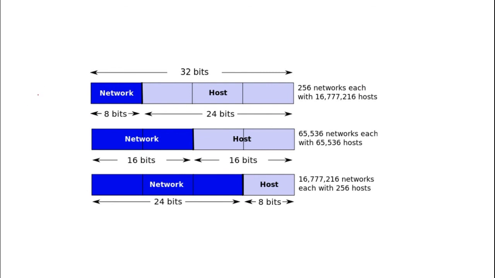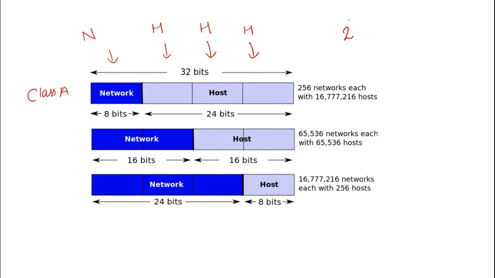So in the class A IP address, because we have 4 octets, the first octet, the second octet, the third octet, and the fourth octet, the first octet belongs to the network, and the remaining all belong to the host. To calculate the number of networks and hosts, we use 2 to the power number of bits.